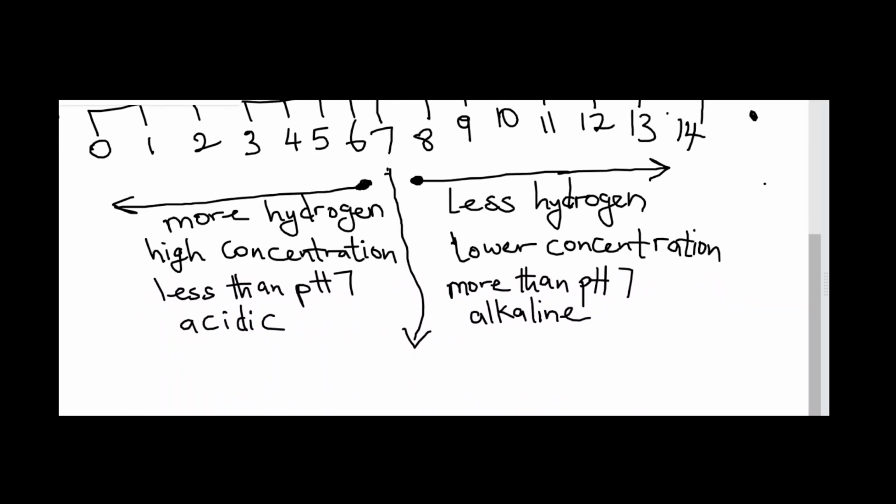Okay, so if you are given 6.7, again, that is not neutral. If you're given 7.1, that's not neutral either. It has to be just 7. So I'm going to write exactly pH 7 is neutral.